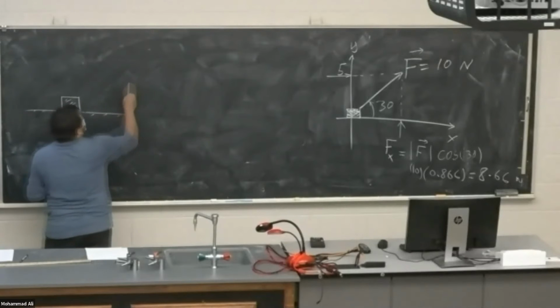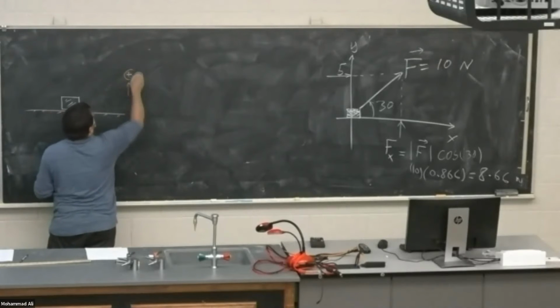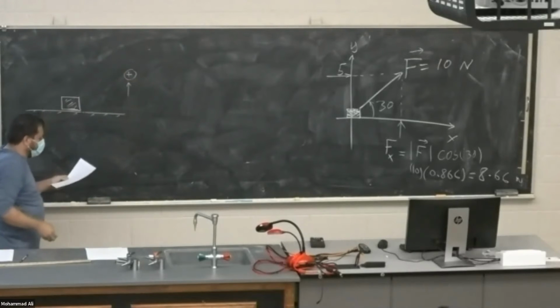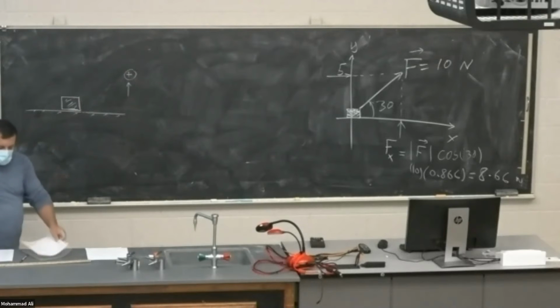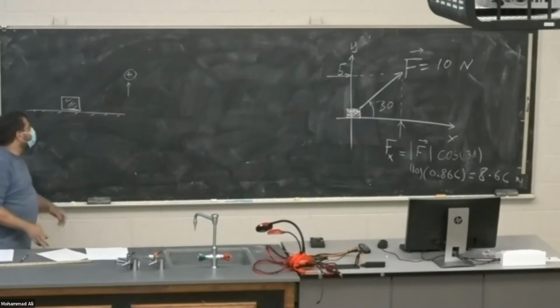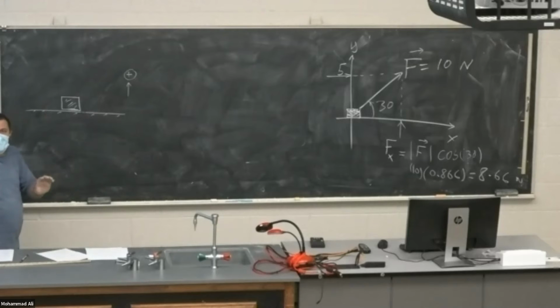This is the positive direction, that is the negative direction. We will see later what the weight is. The weight is the force attracting the object downward. Then we have a force downward. Assume it is Fy in the negative direction.